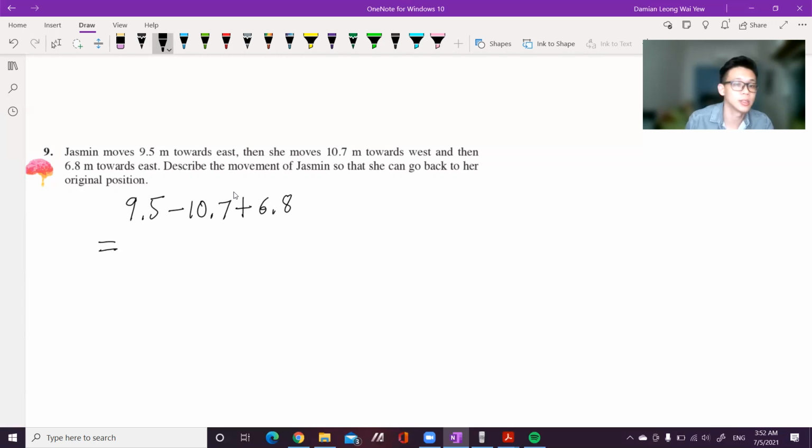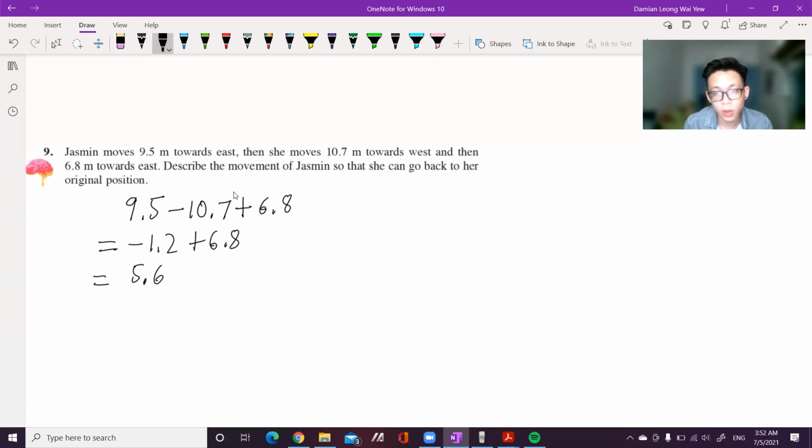You can count all at once or you can count one by one. It doesn't really matter. Let's say I count one by one, it's easier. So I break it down. 9.5 minus 10.7 will be negative 1.2. Then plus 6.8 will be 5.6. So 5.6 positive value means she is 5.6 meters to the east.